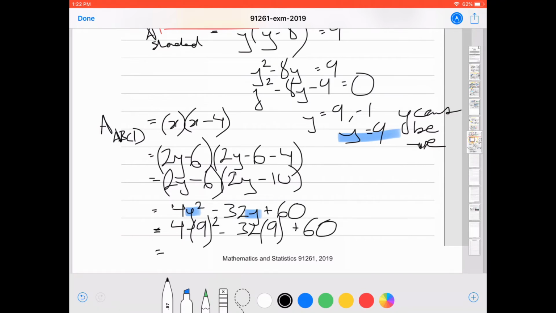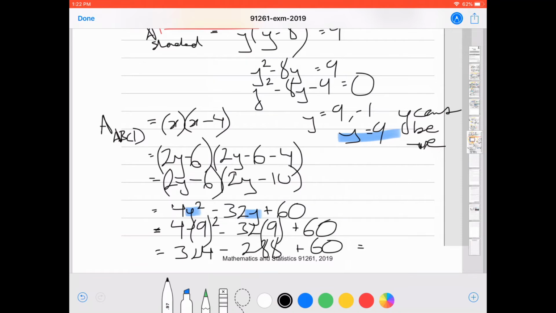Okay, so what have we got? 4 times 81 is 324, minus 32 times 9, and I'm just calculating these, 288, plus 60.